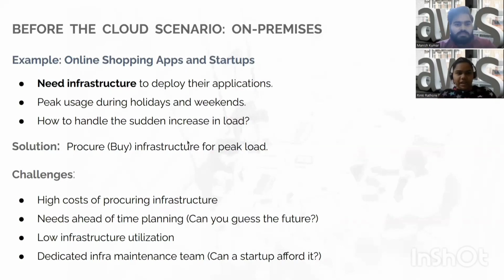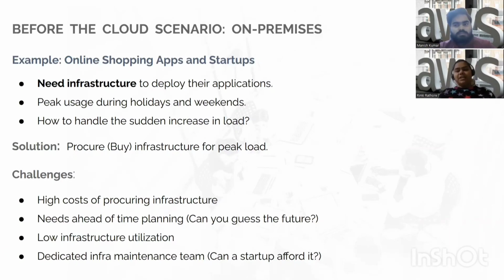So before the cloud, what was the scenario? I was talking about the example of Flipkart, on weekends or holidays when they put up some sale, like Big Billion Days. At those particular times of the year, there would be huge traffic on their websites. So how would they handle a sudden increase in load?